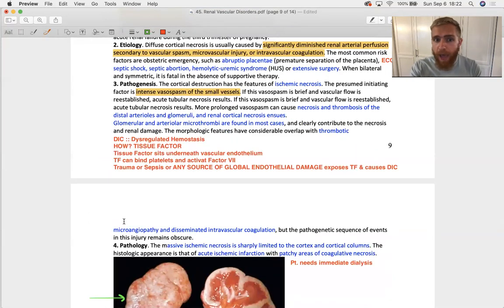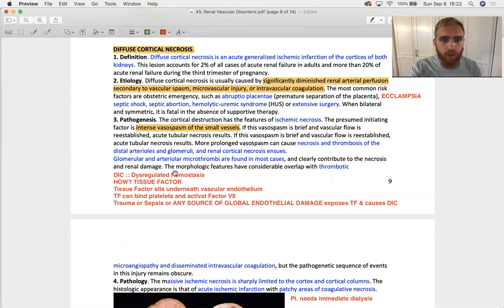Great question. If they want to ask you that, common answers are going to be eclampsia, extreme hypertension, which could create a bilateral renal artery stenosis or mess with your hemostasis. Something like septic shock could cause widespread inflammation of your vasculature and get you headed into disseminated intravascular coagulation.